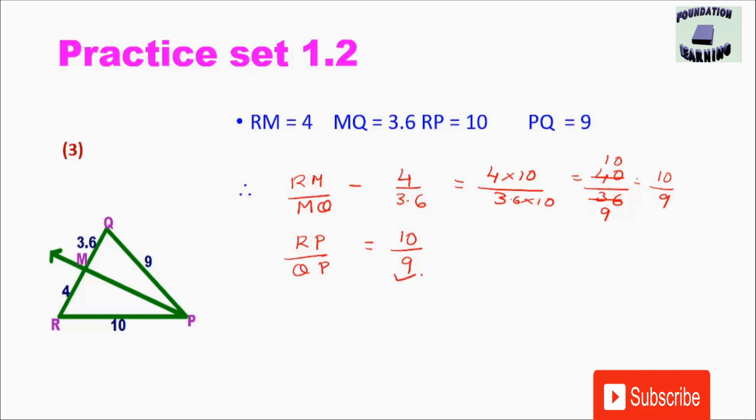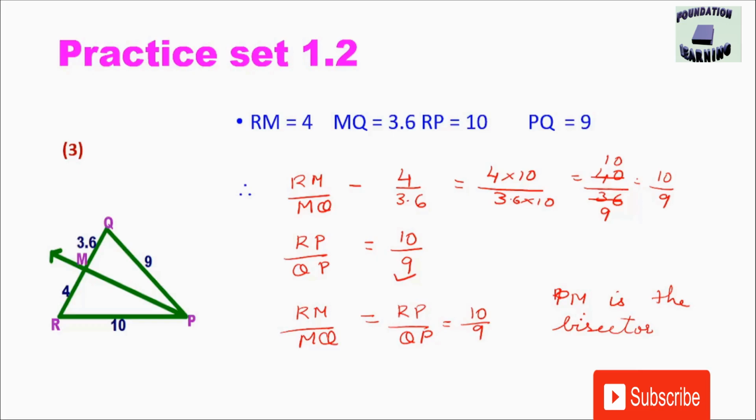And the second ratio is also 10 upon 9. Since RM is to MQ is equal to RP is to QP, which is equal to 10 upon 9, therefore PM is a bisector according to the bisector theorem.